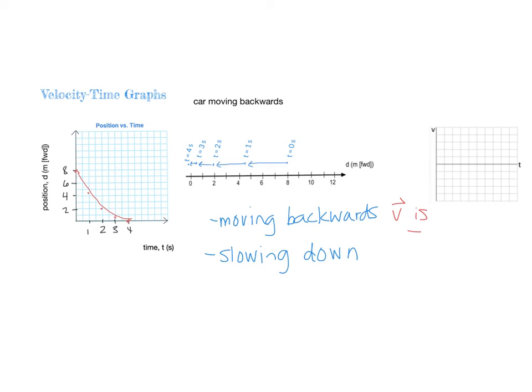And if it's slowing down, it's getting less negative. Its V is moving towards 0, because if it's slowing down, it would eventually stop. So I'm going to start with a negative velocity and move it towards 0.